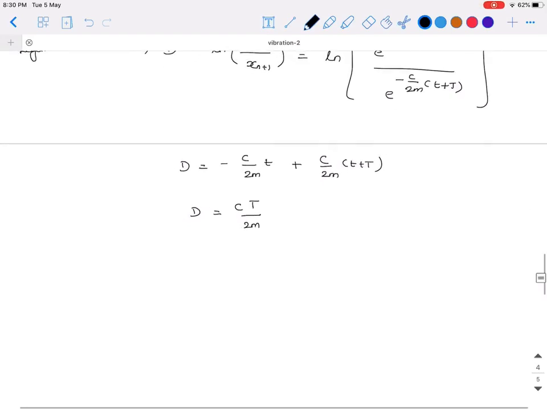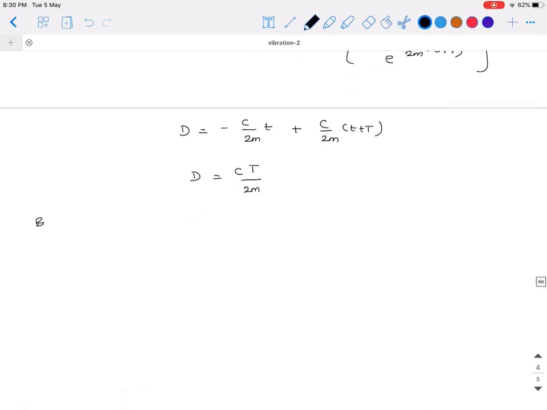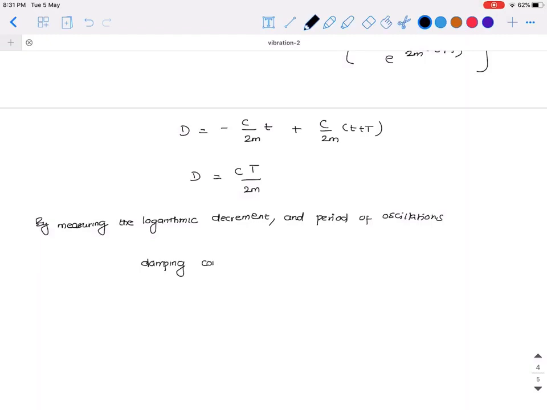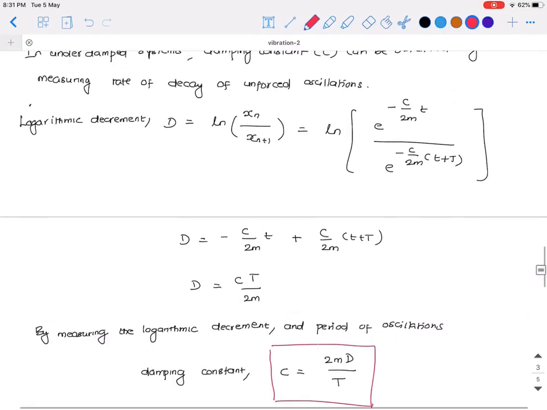Okay, so by measuring the logarithmic decrement and the period of oscillations, we can compute the damping constant C to be 2m d by T. Okay, so that is how we measure the damping constant of an underdamped system.